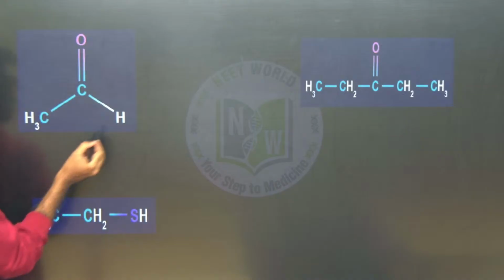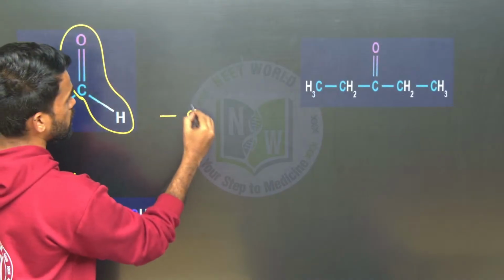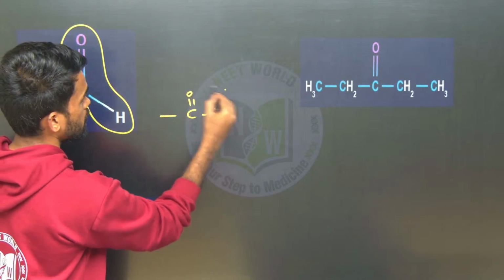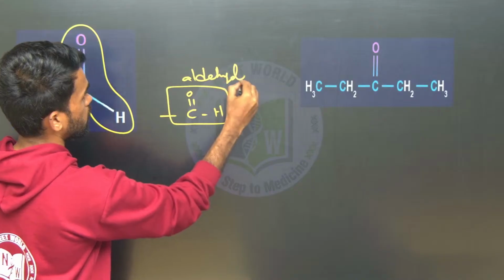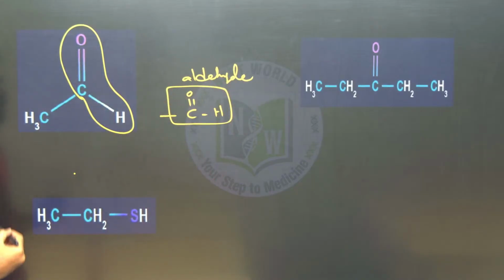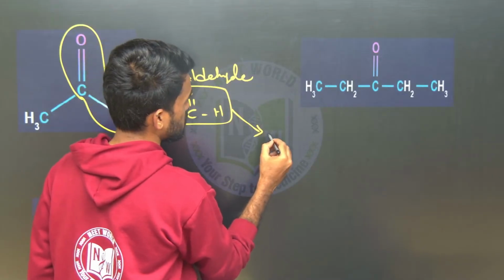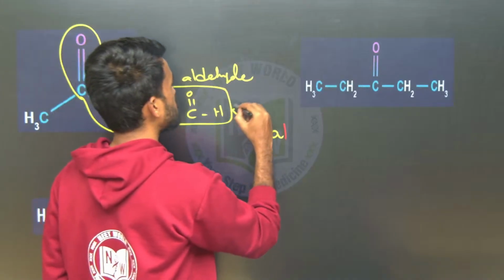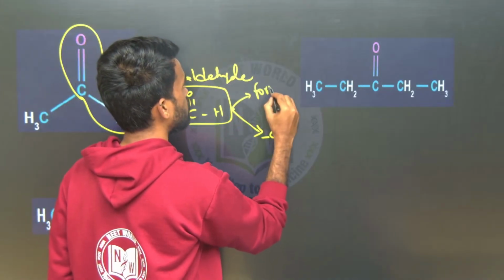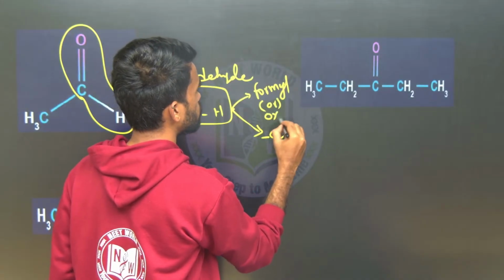What is this functional group? If we have it like this, it is called aldehyde. For this aldehyde, you should write suffix as al, and prefix as formyl or oxo.